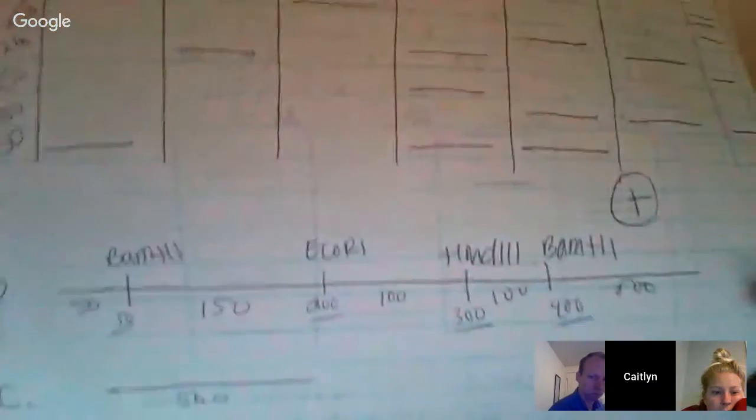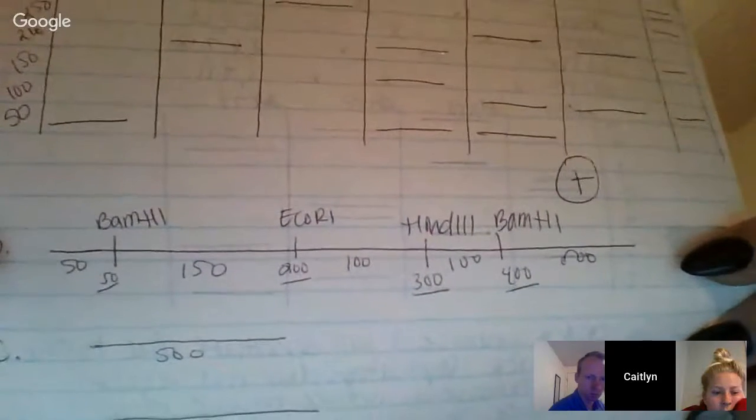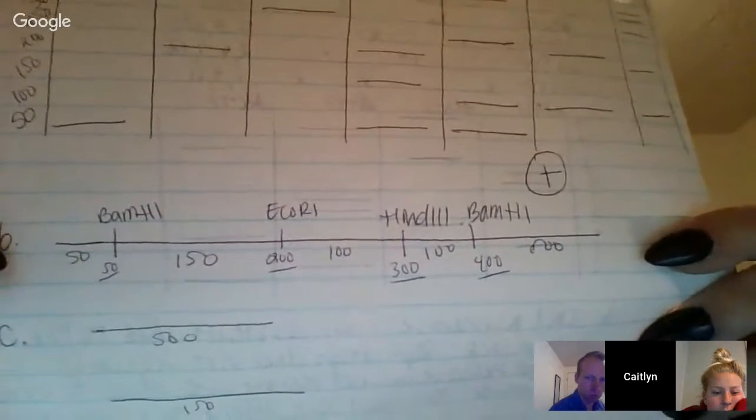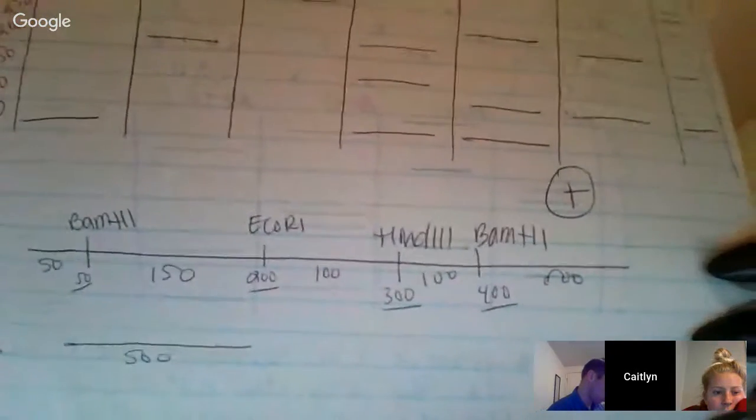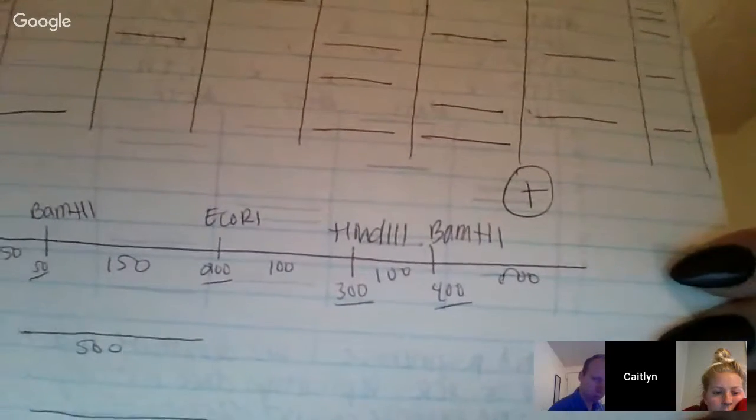For the restriction map, showing the locations of the restriction enzyme sites, I'll just show that one again. There's the band, and then the EcoRI.